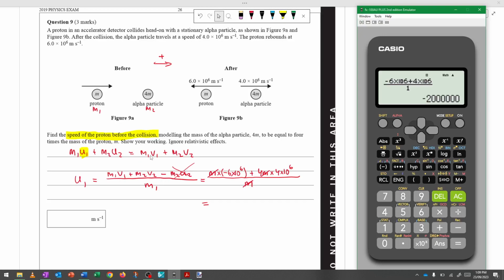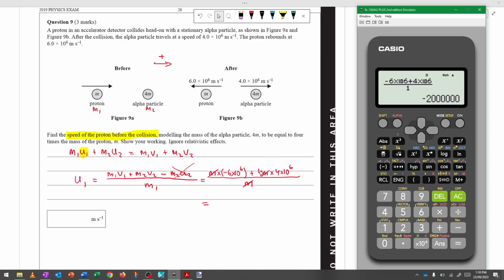Okay, m1, v1, so negative 6. What have I done? Oh, I'm a silly duffer.